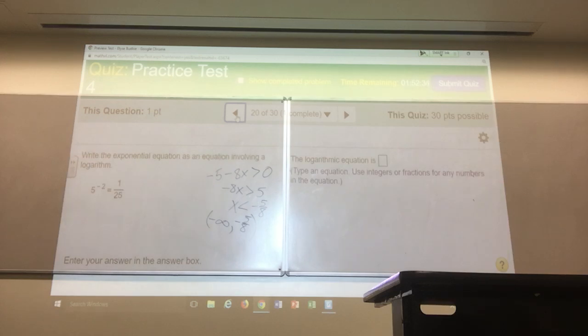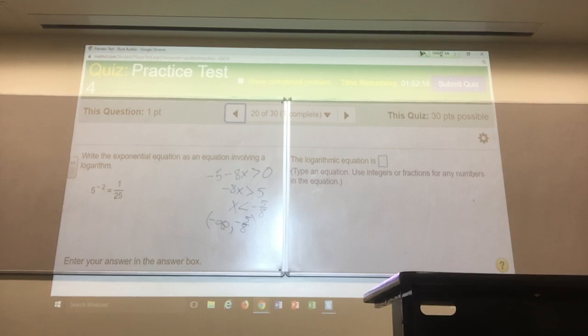And we can convert basically from exponential to logs. Log base 5 of the answer equals the exponent. So it's base that, right? You go back and forth sides kind of thing.